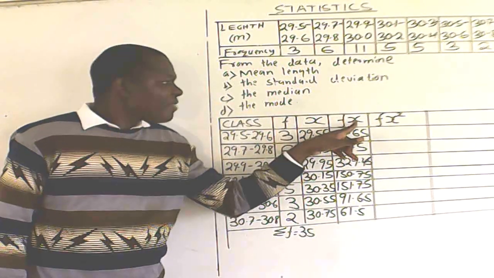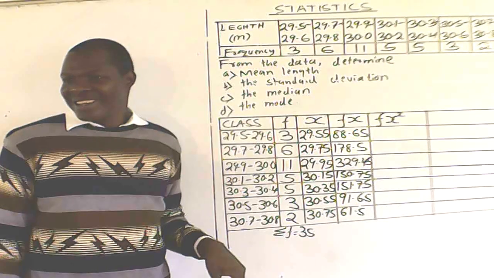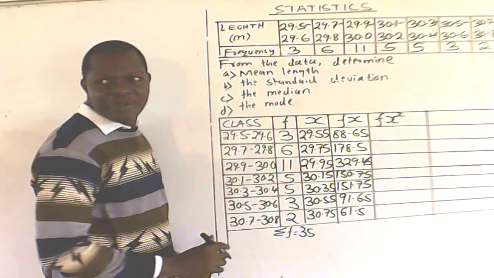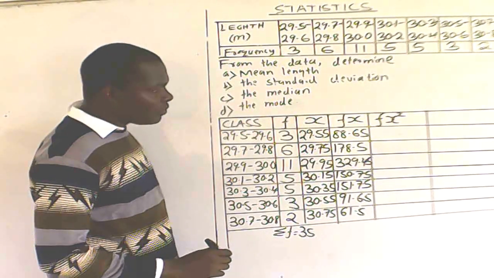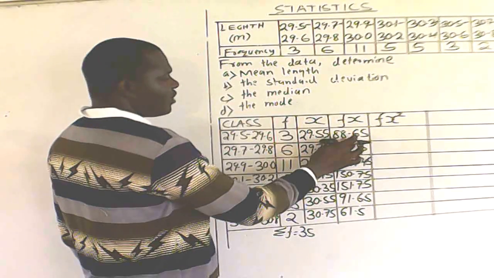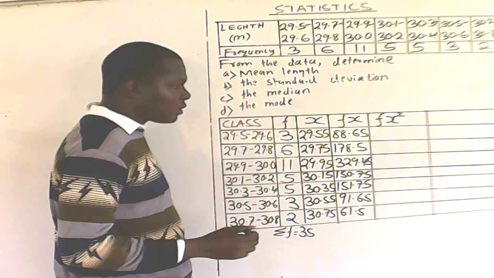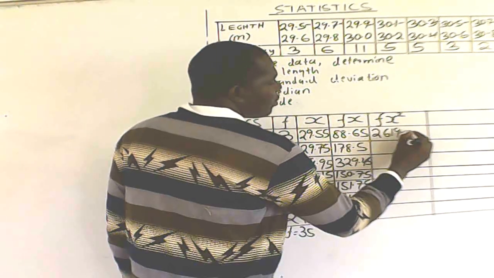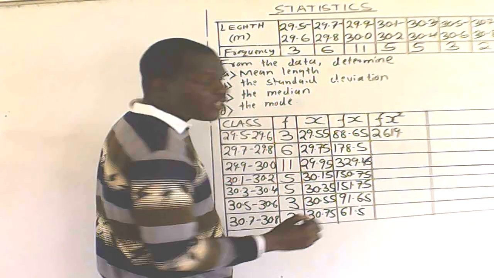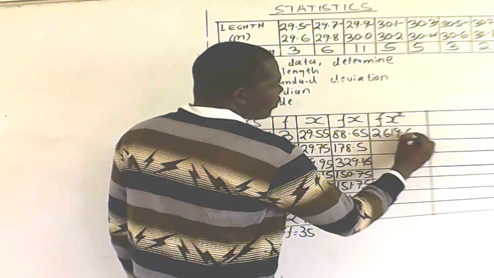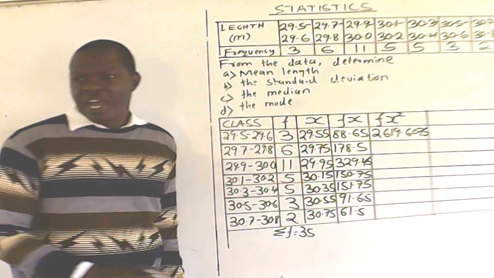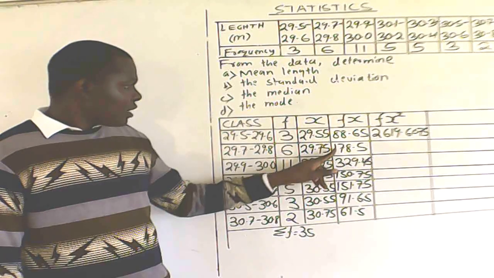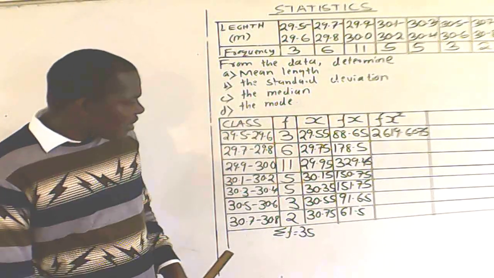So you start with fx times x: 88.65 times 29.55, you get 2619.6. Move to the next one, fx times x to give you fx squared: 178.5 times 29.75.